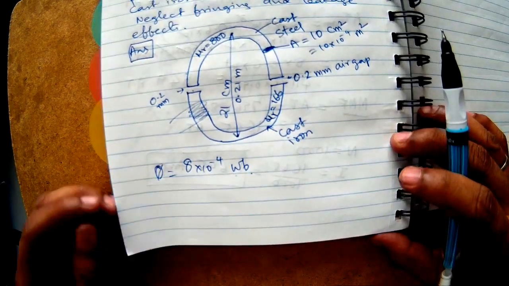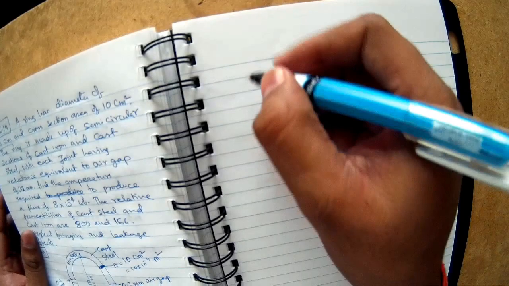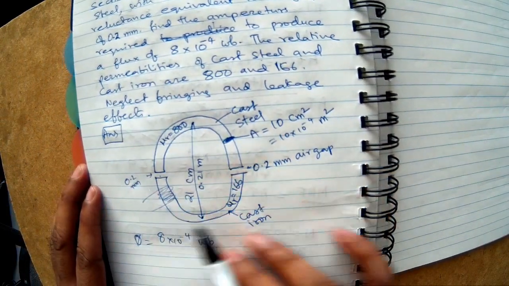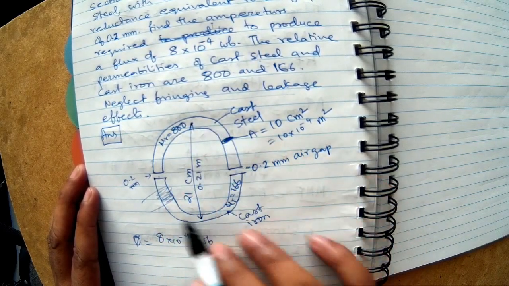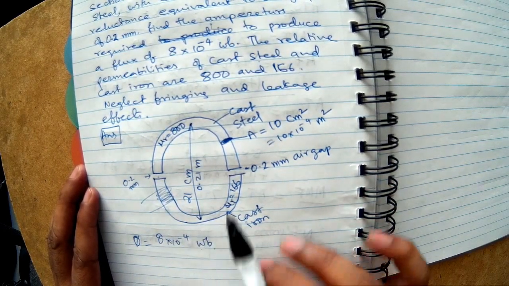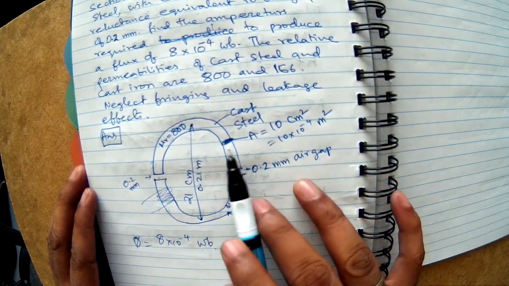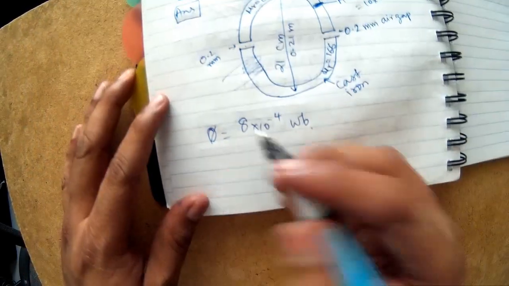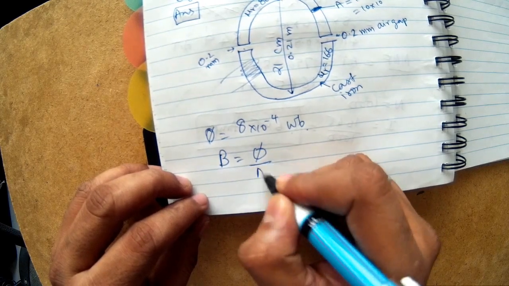Okay, so let's find the flux density. What is flux density? Because fringing and leakage are neglected, the flux is uniform, there is no leakage, and the flux is inside both the materials. So for the flux density, I can simply take the total flux divided by the cross section area. So flux density B is total flux divided by area.